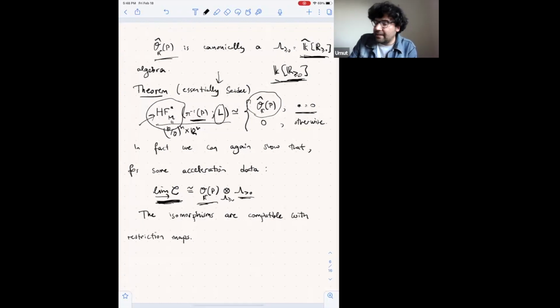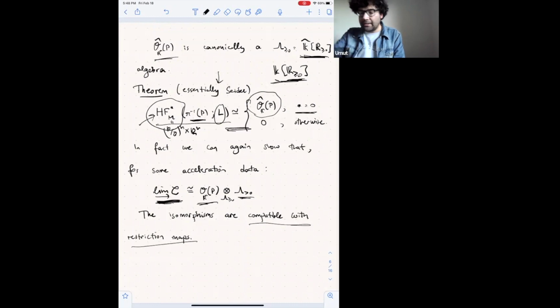But again, you have to tensor with the maximal ideal. So again, you need to do this regularization there. And these isomorphisms are all compatible with restriction maps. So you can define restriction maps on both sides, and these isomorphisms intertwine those.